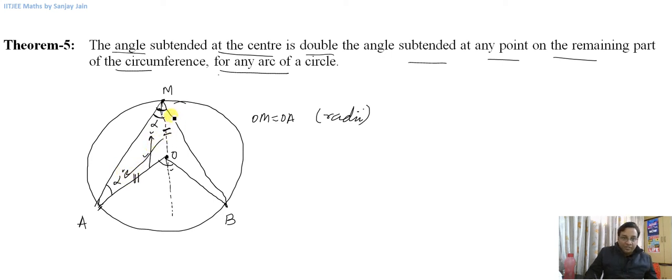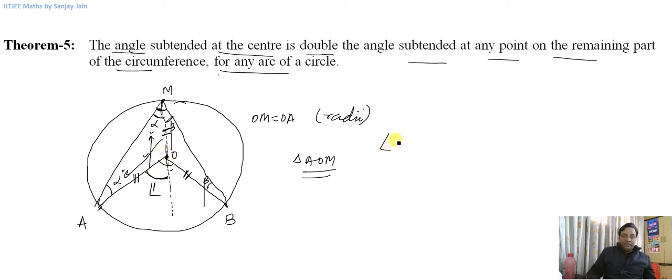With similar logic, you can say if this is beta, then this angle will be beta, because this is another isosceles triangle with OB equal to OM, right? Now look at this triangle AOM. For triangle AOM, this angle here, let us name it as angle 1. This angle, angle 1, is an exterior angle to this triangle.